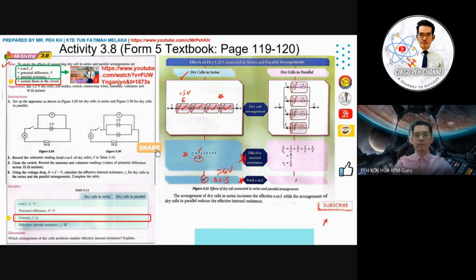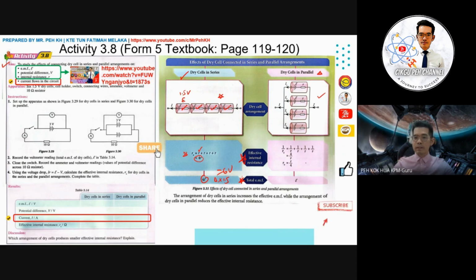That means when we arrange our dry cells in series, there will be more E.M.F. or voltage provided to the circuit. On the other hand, the dry cells in parallel will be arranged like this figure. The batteries will be arranged in branches to one another.